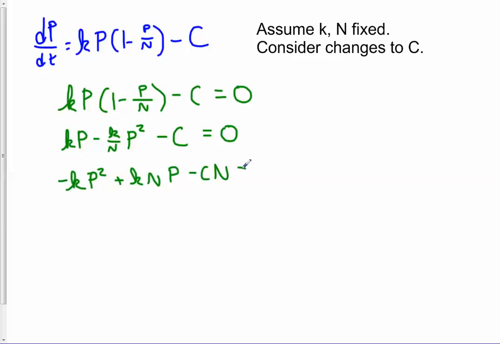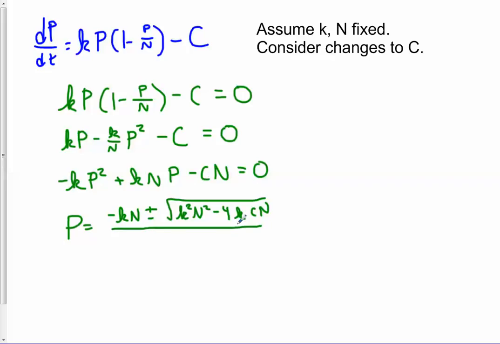- cn = 0. Okay, so we have a quadratic, and so we solve it using the quadratic formula, and we get p equals negative kn, that's our b, plus or minus the square root of k²n² minus 4kcn, that's the 4ac, and it's all over minus 2k, that's 2a, but a is negative k.